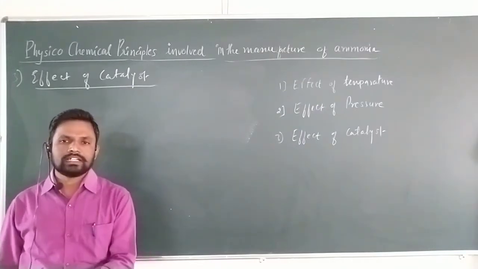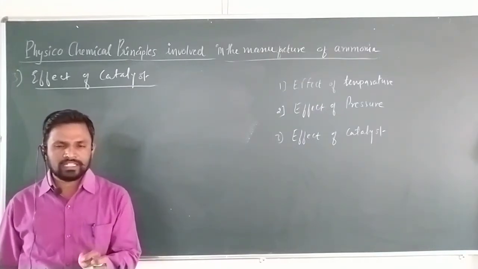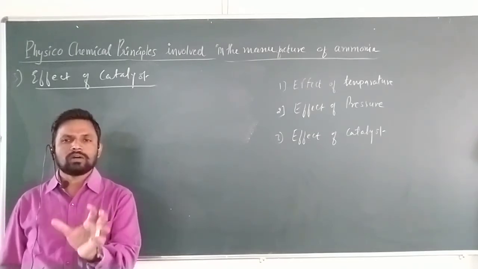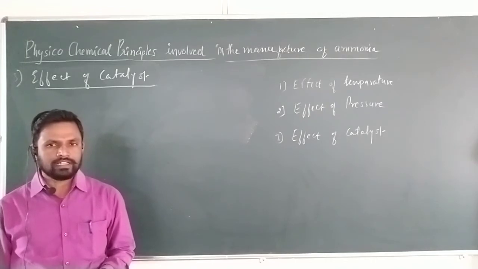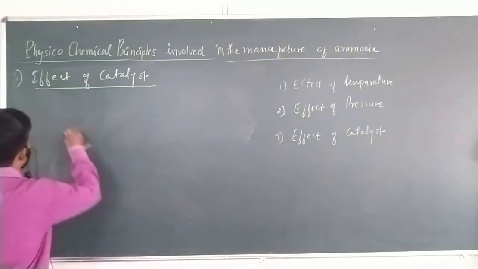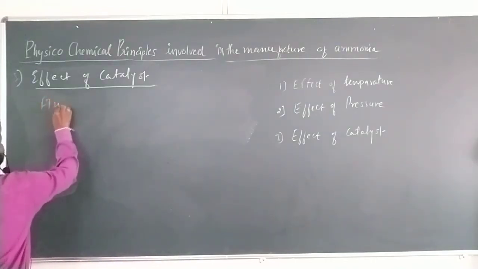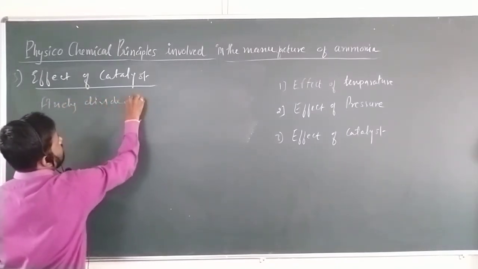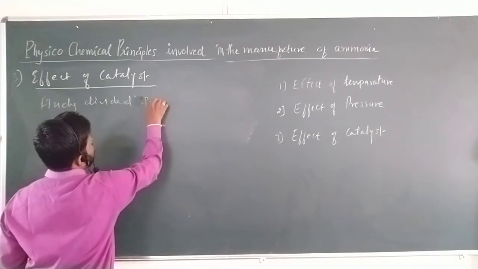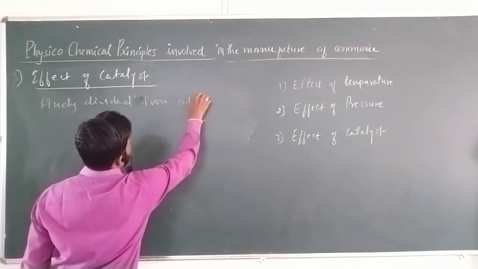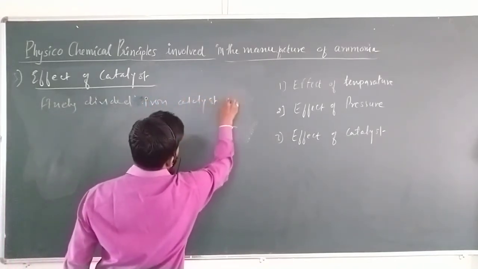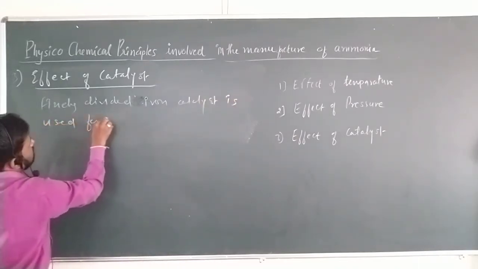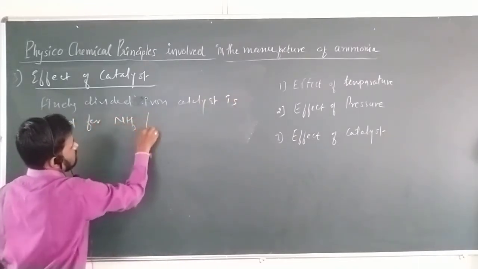Whenever we use a catalyst, it must be finely divided, that is, it should be used in powdered form. So, a finely divided iron catalyst is used for ammonia formation.